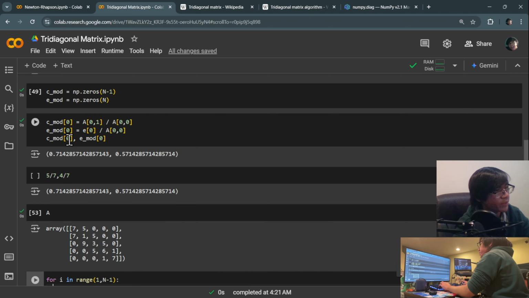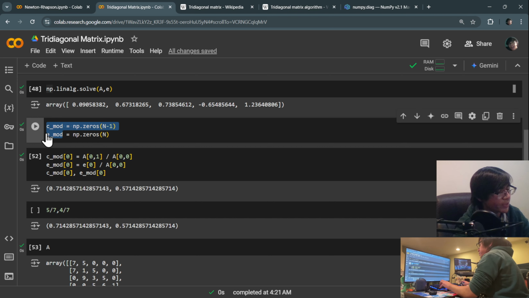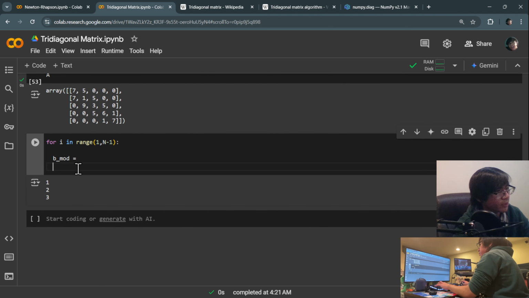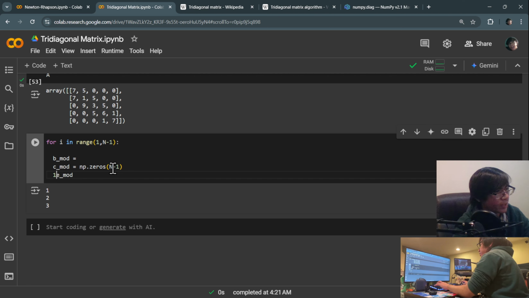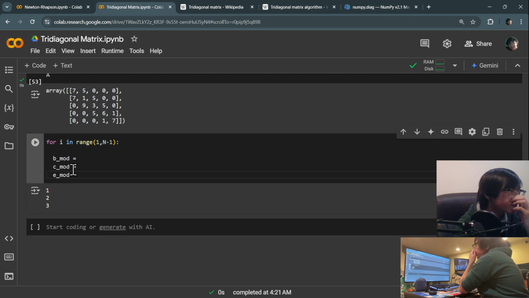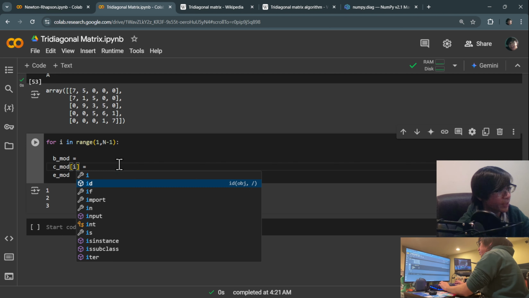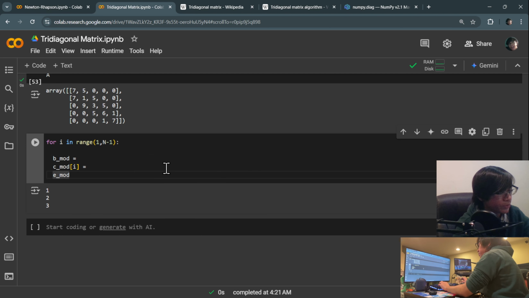We will also need to store the new values of C and E at the current index, right? They'll be changing. We're storing them as they go. Oh yeah, we will need A, B, and C. Unpack those from our matrix.